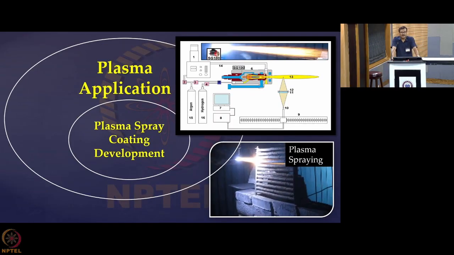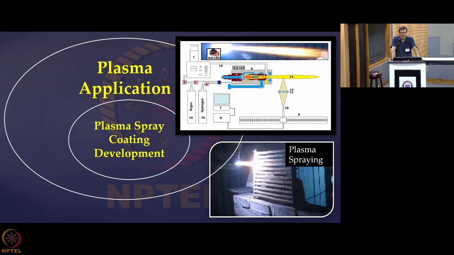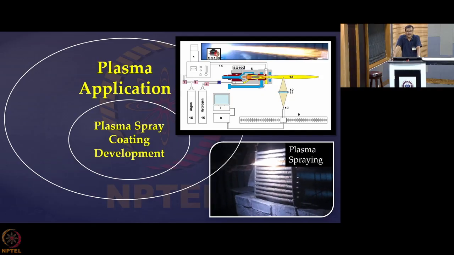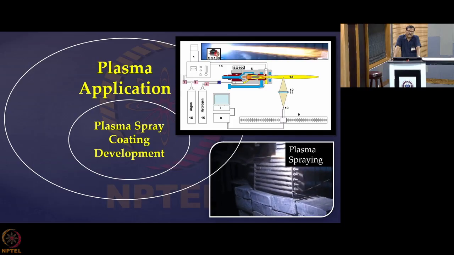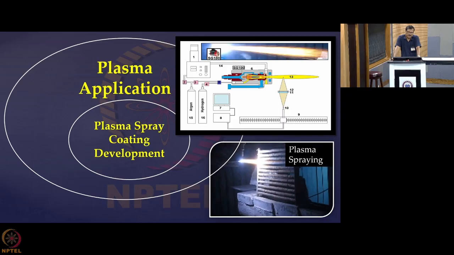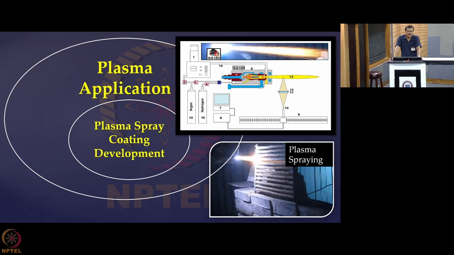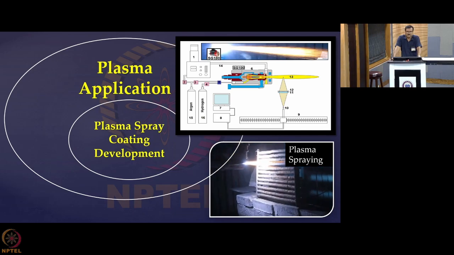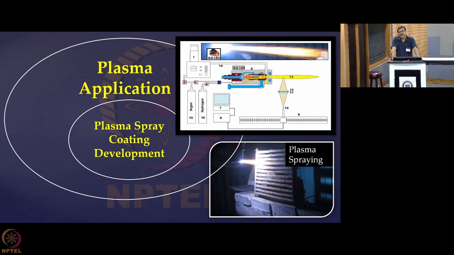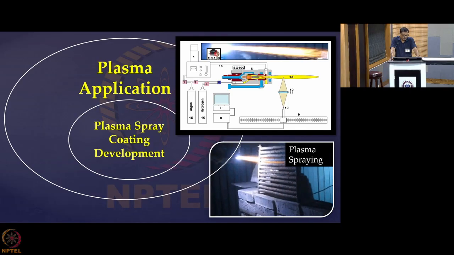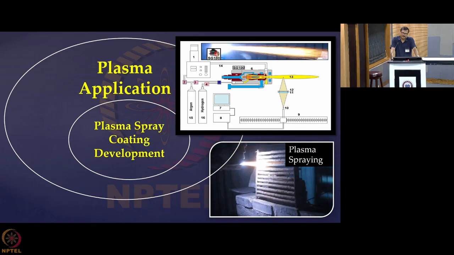Now this is another plasma application, plasma spray coating development. This type of coating is used for thermal barrier application and environmental protection of the material. One example I will give you: suppose you are trying to make an aircraft which will have very low thermal radiation.